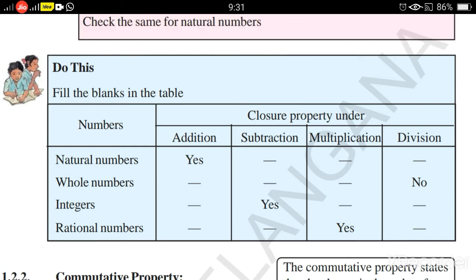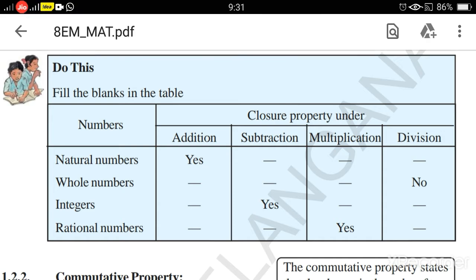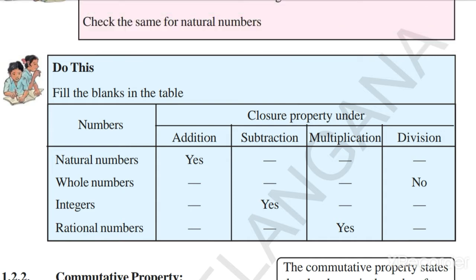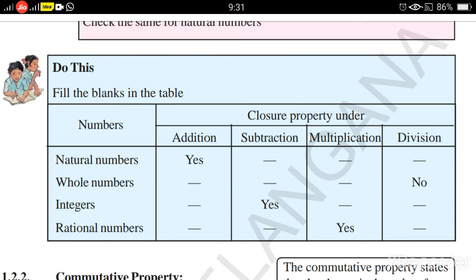It satisfies the closure property. So in the previous class we discussed this property. You have to write this table in the classwork. Which is satisfied, you write yes; which is not satisfied, you write no.